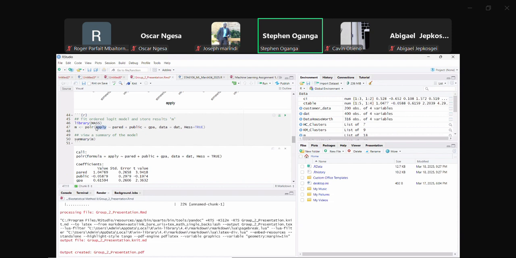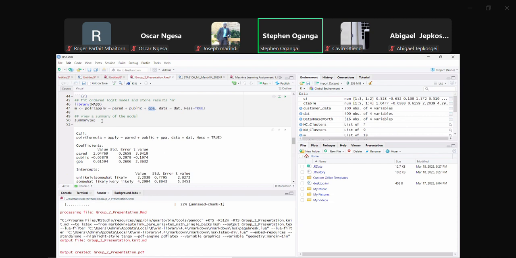Our dependent variable was apply, and then this was the independent variable which represented the parent, if they were graduate or not. And this was if the student went to a public school or a private school. And lastly, these were the GPA, the grade point average.